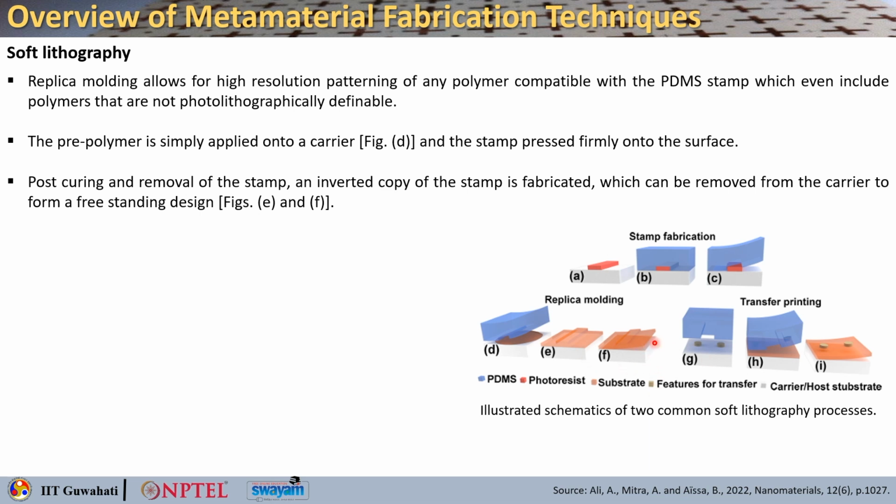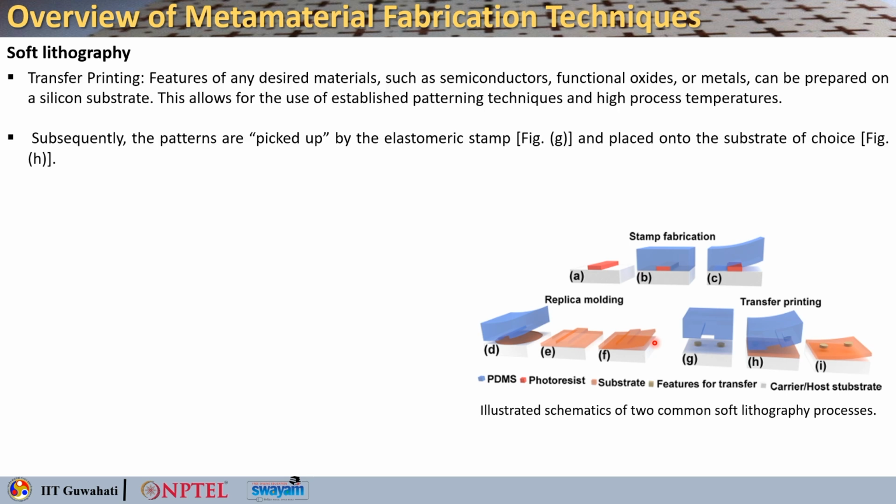Okay. So, here you can see that is happening, and the last step is transfer printing, where features of any desired material such as semiconductors, functional oxides or metals can be prepared on a silicon substrate. This allows the use of established patterning techniques and high process temperatures.